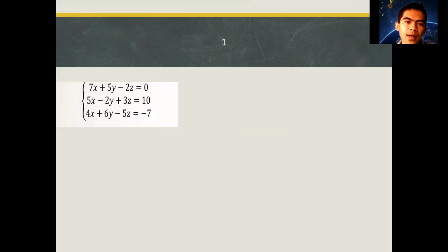As we see from the screen, we can see one example of the subject. There is a linear system of three variable equations.